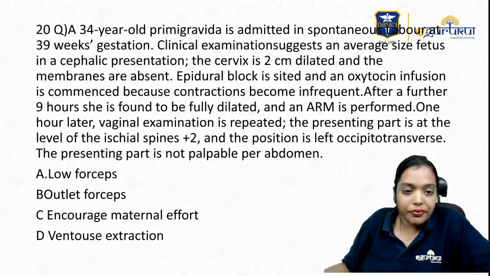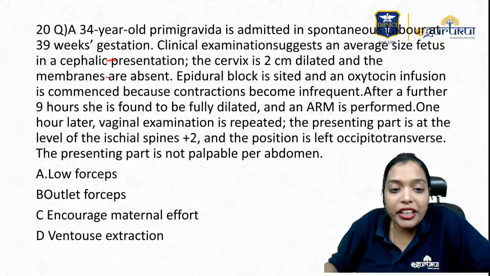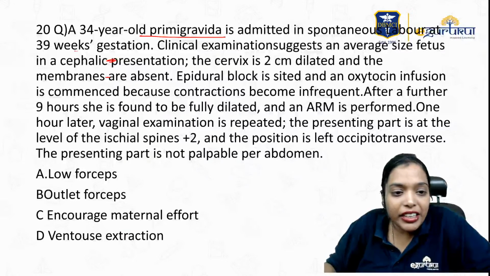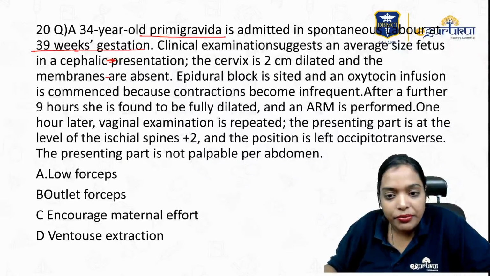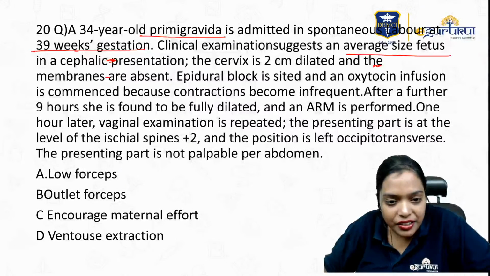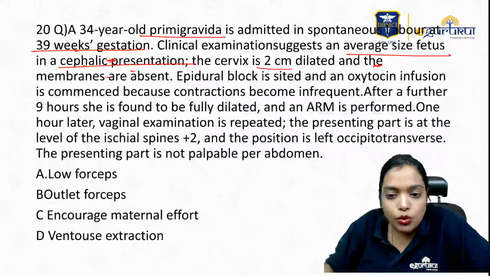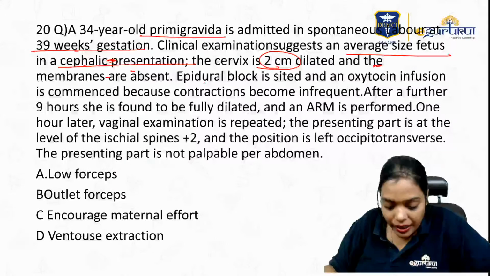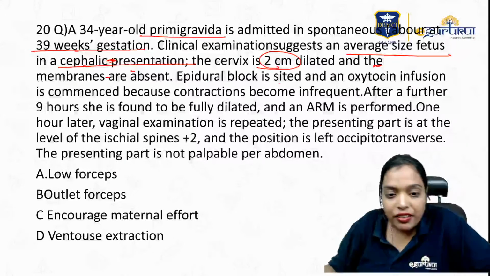Next question. A 34-year-old primigravida is admitted in spontaneous labor at 39 weeks of gestation. Clinical examination suggests an average size fetus in cephalic presentation, cervix is 2 centimeters dilated. The membranes are absent. Epidural block is sited.